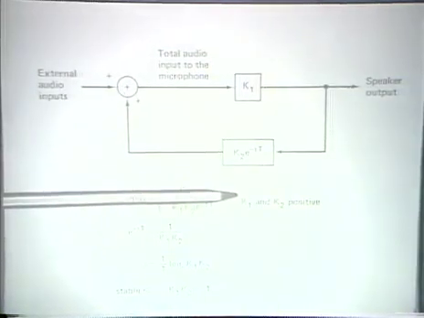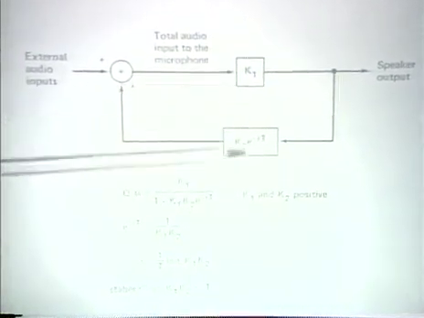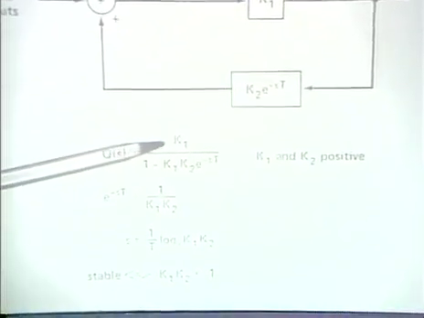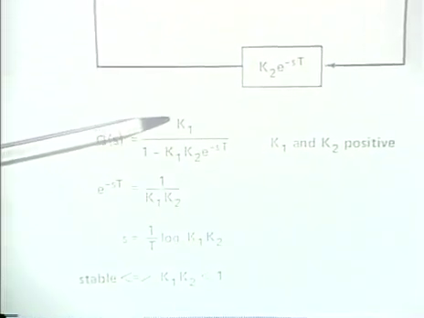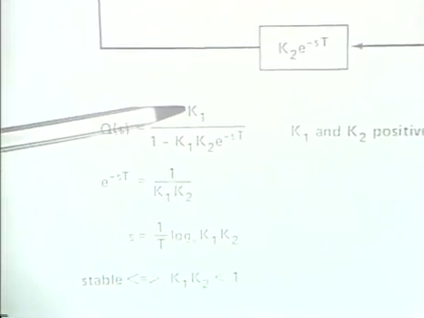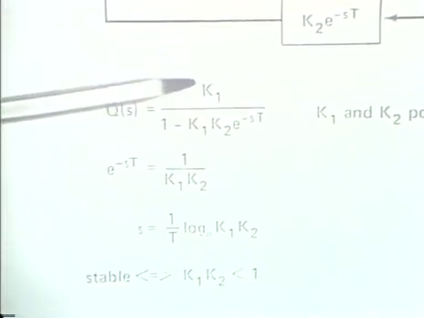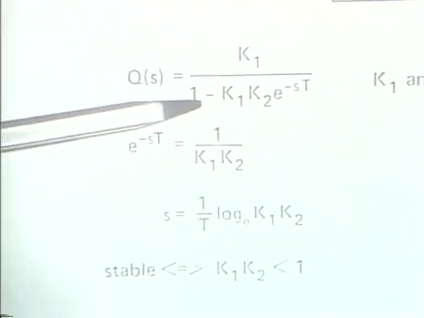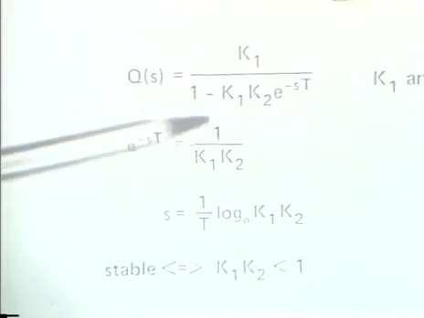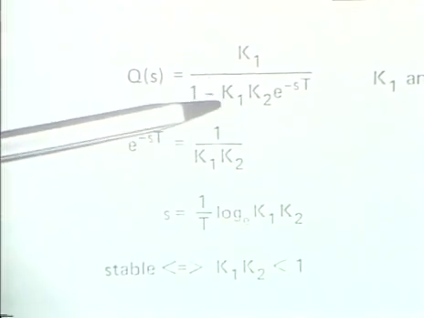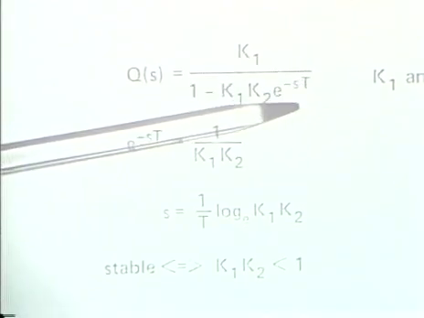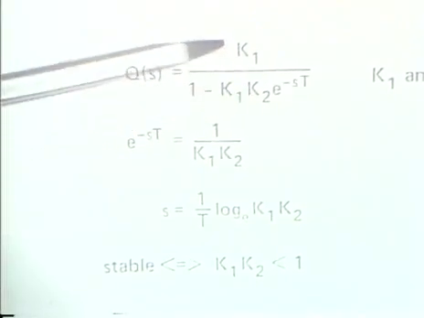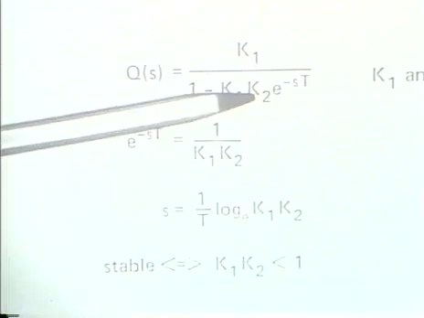Simply substituting the appropriate system functions into our basic feedback equation, the overall system function is given by the forward gain, which is the gain of the amplifier between the microphone and the speaker, divided by 1 minus, and the minus because we have positive feedback, the overall loop gain, which is K1 K2 e to the minus sT. These two gains, K1 and K2, are assumed to be positive and generally are positive.